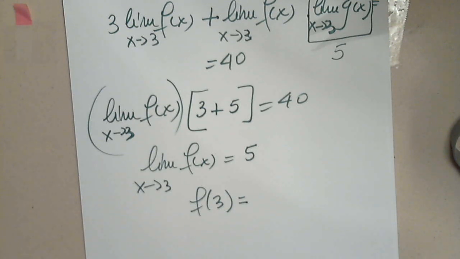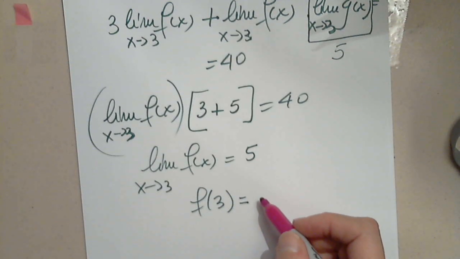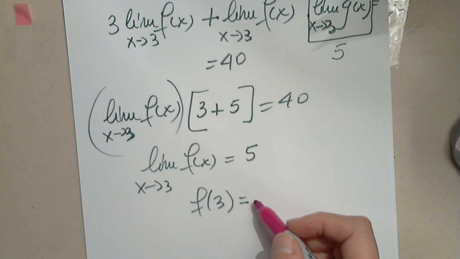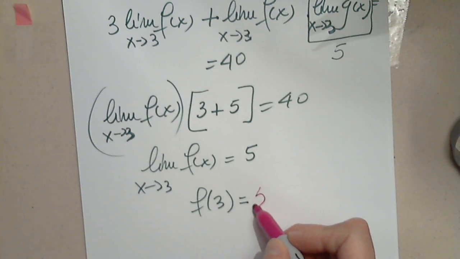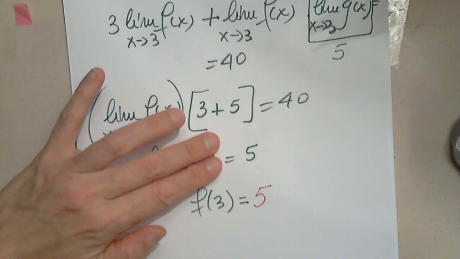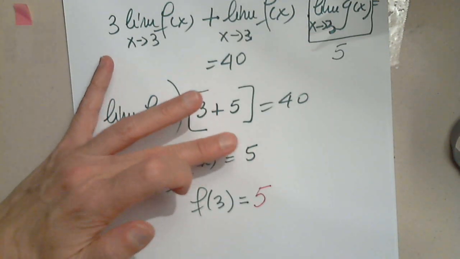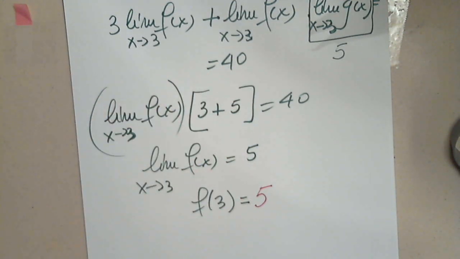So this must be... anyone? So if this is a continuous function and the limit is 5, then f of 3 must be 5, because it's a continuous function.